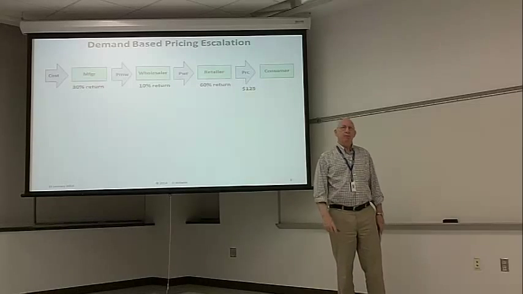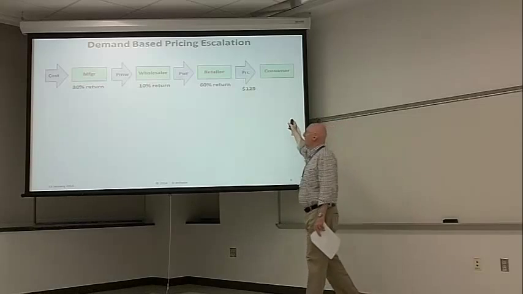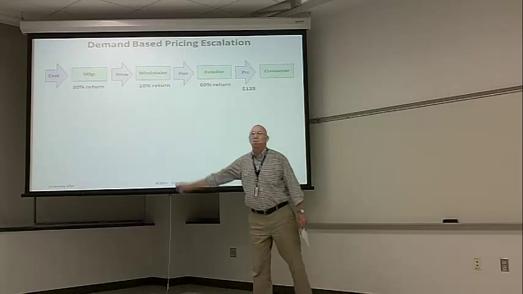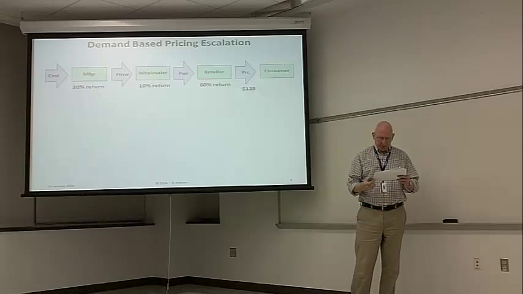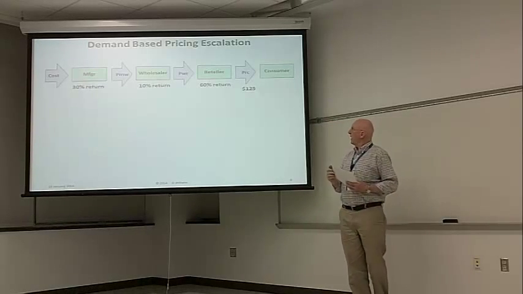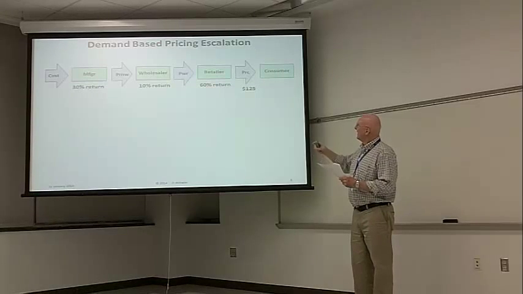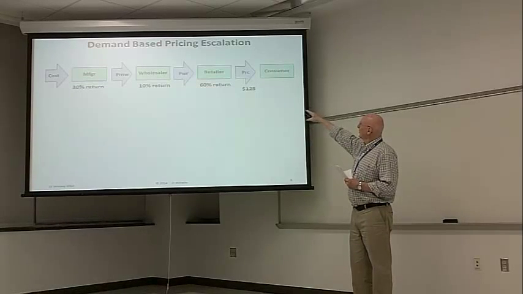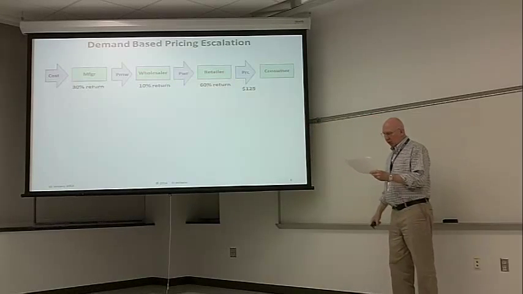Demand-based pricing starts at the consumer, and we de-escalate it going down to what the manufacturing cost is going to have to be. So in this case, we've got different returns that each of the elements wants.